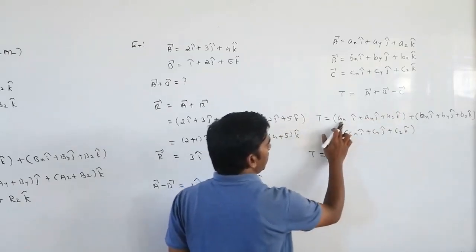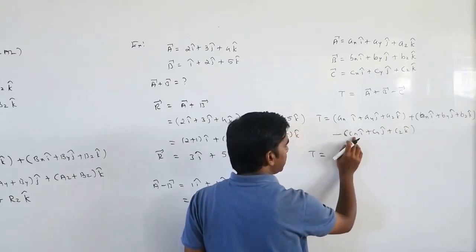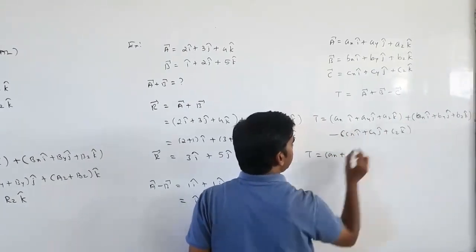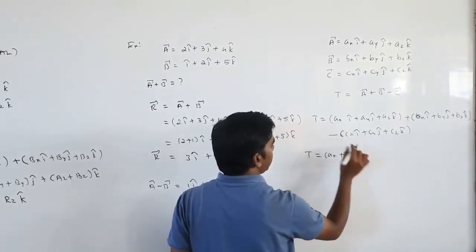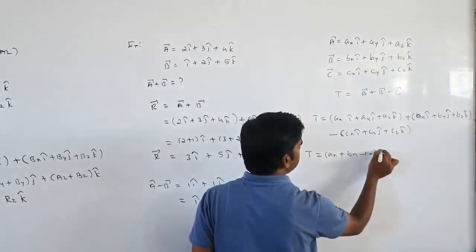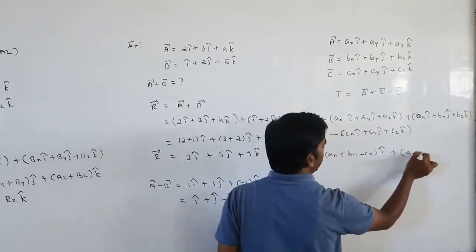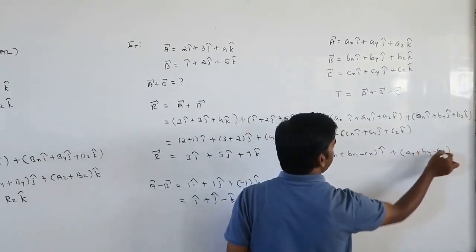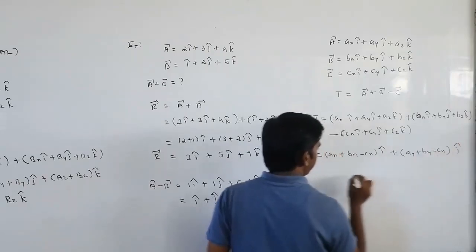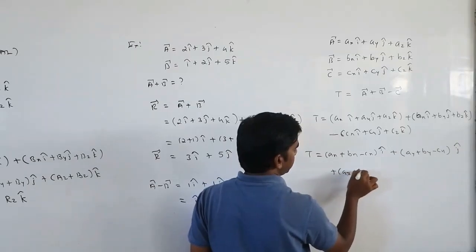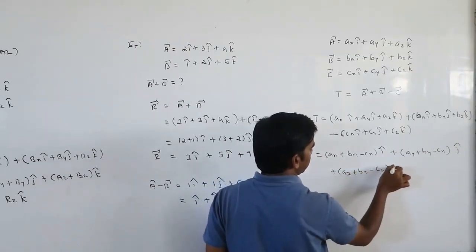So you have to add the corresponding numbers, the x components. So ax plus bx minus cx is the i cap part, similarly ay plus by minus cy is the j cap part, similarly az plus bz minus cz into k cap.